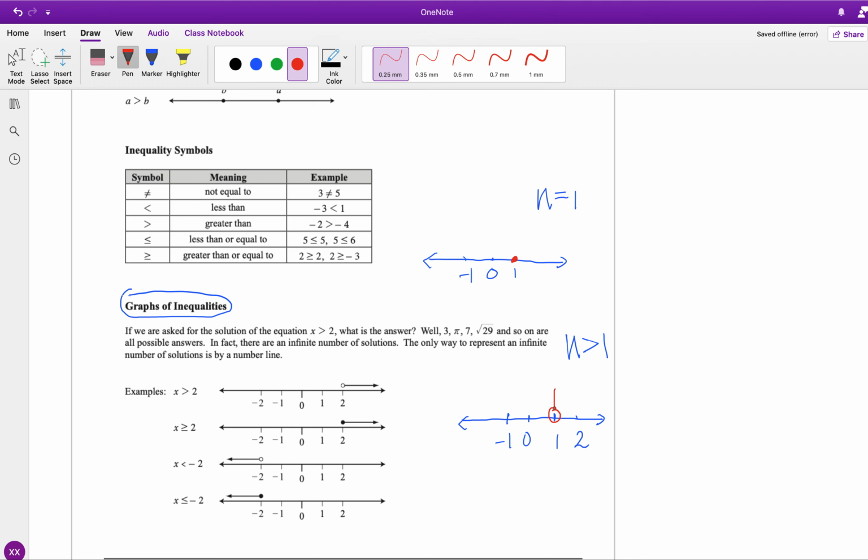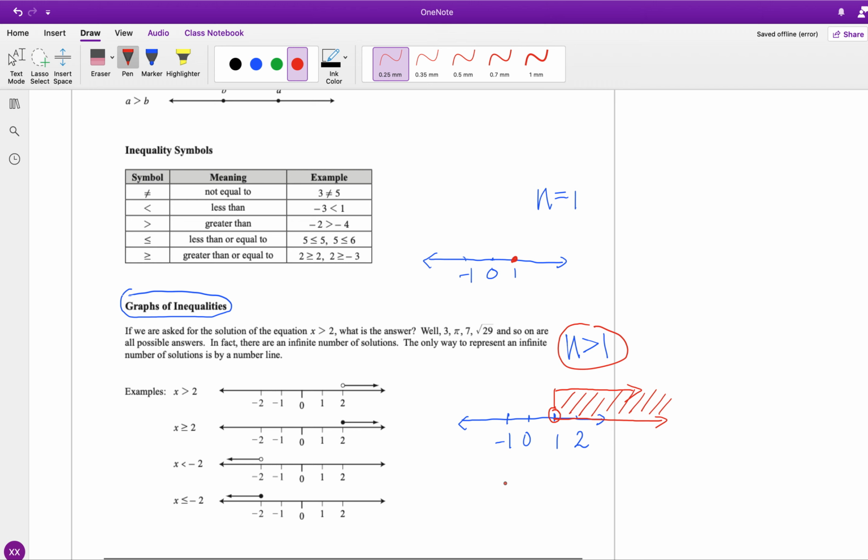And then there's an arrow going that way, which means all the numbers on the number line here, which go to positive infinity, any number in this range, they all satisfy this inequality.